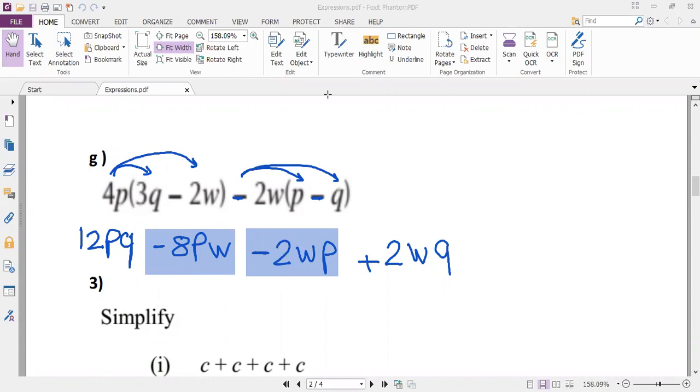They are different. I told you before that pw is the same as wp. They are the same. Okay, so we want to combine them together. What about pq and 2wq? They are different.